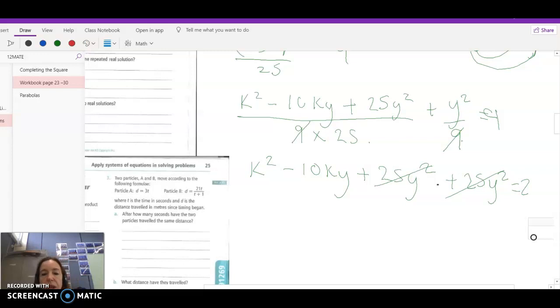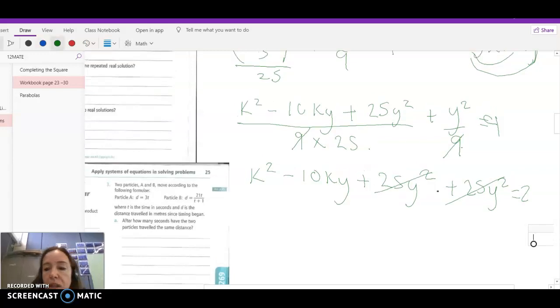Okay, so this is 225, and I'm going to get that over to the other side so that I can solve.